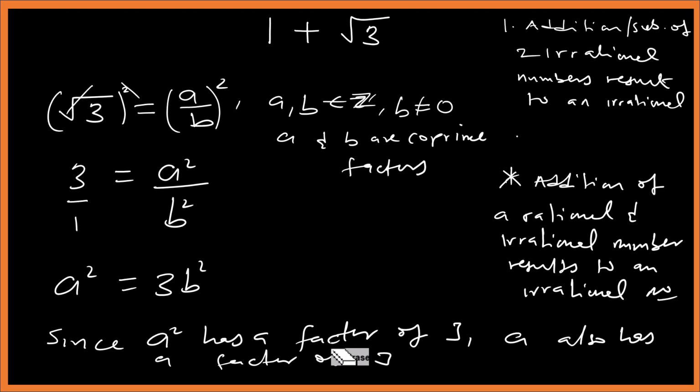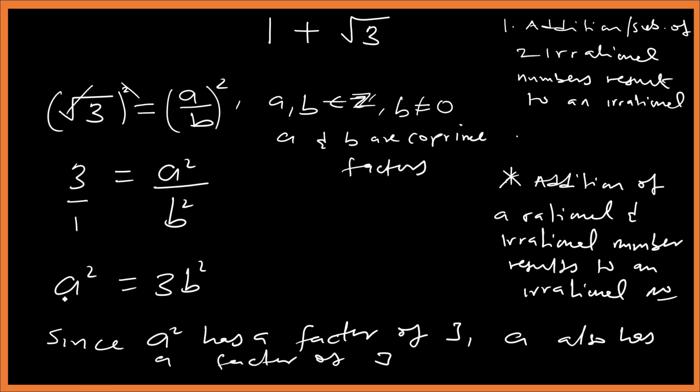So with this, since a squared has a factor of 3, we will conclude that a has a factor of 3. So we say a equals 3k, where k is an integer, so that will be the general term for a.